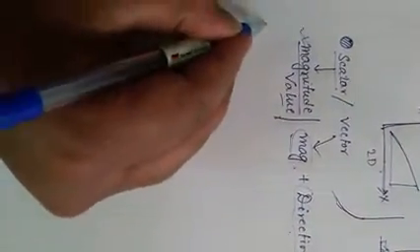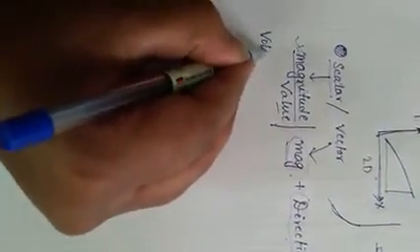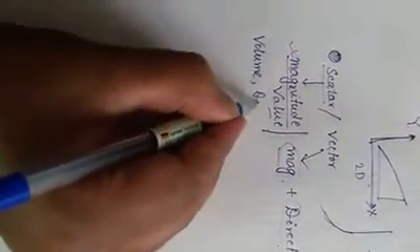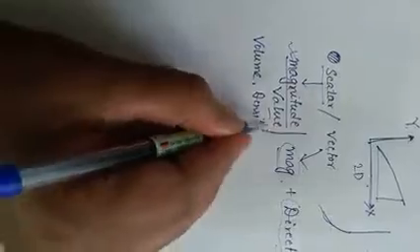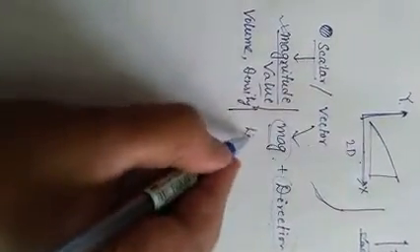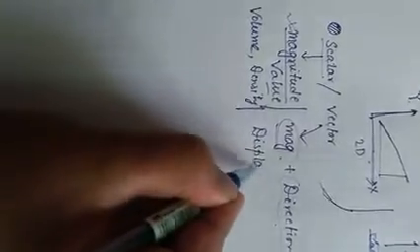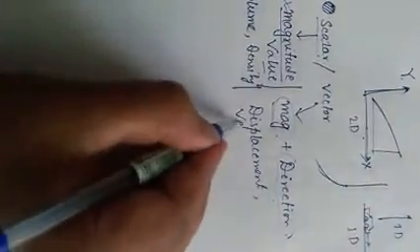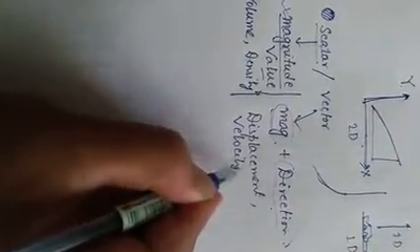What are the examples of scalar quantities? Volume is a scalar quantity, density is a scalar quantity. In case of vector quantities, displacement is a vector quantity, velocity is a vector quantity.